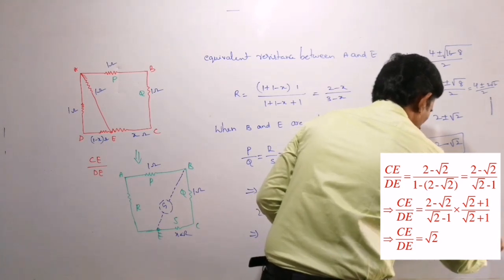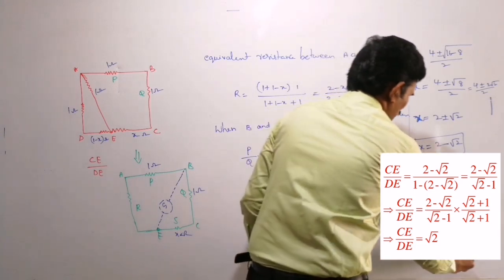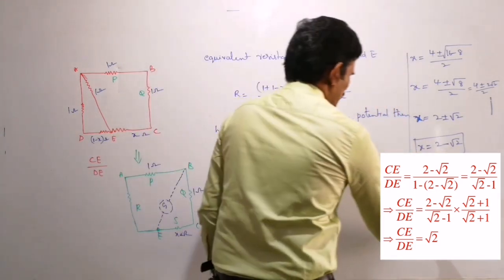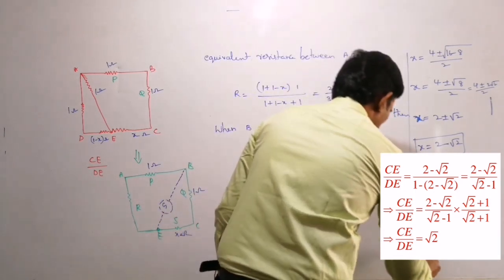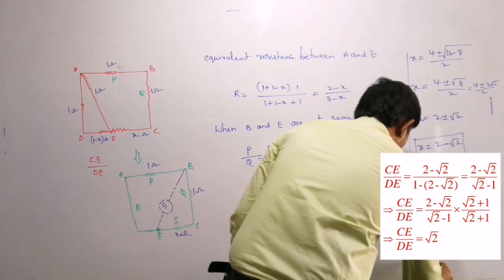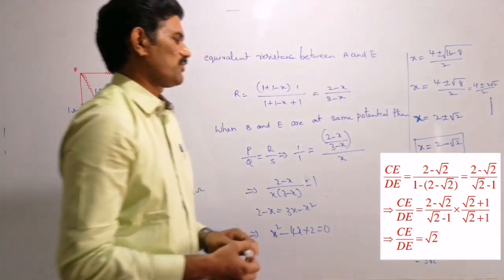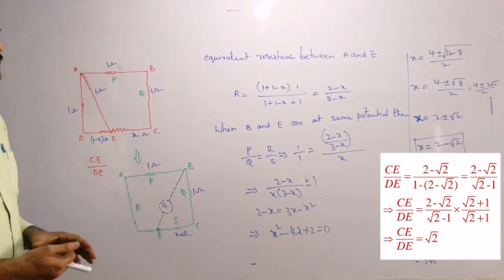And so on simplifying this, the plus 2 and minus 2 will be cancelled. We will get root 2. So we will get this CE by DE ratio as root 2. Right? So that is the required ratio here, CE by DE ratio.